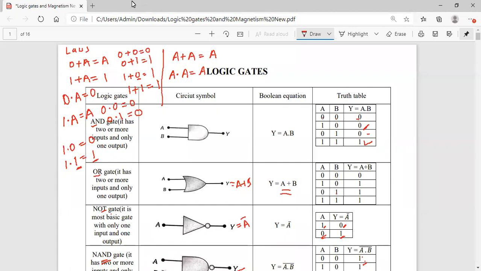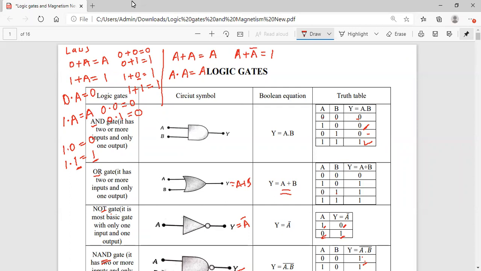Next, A plus A bar is equal to 1. Example: if I put A equals 0, 0 plus the negation of 0 is 1, so 0 plus 1 becomes 1.